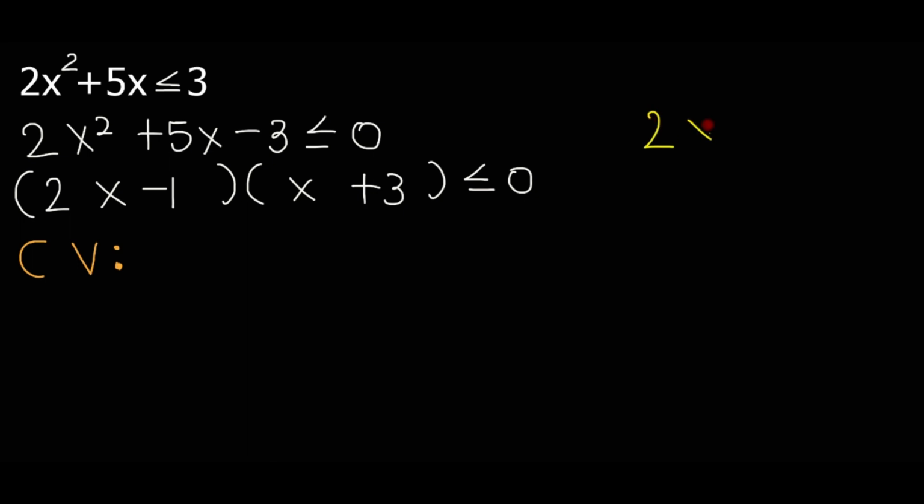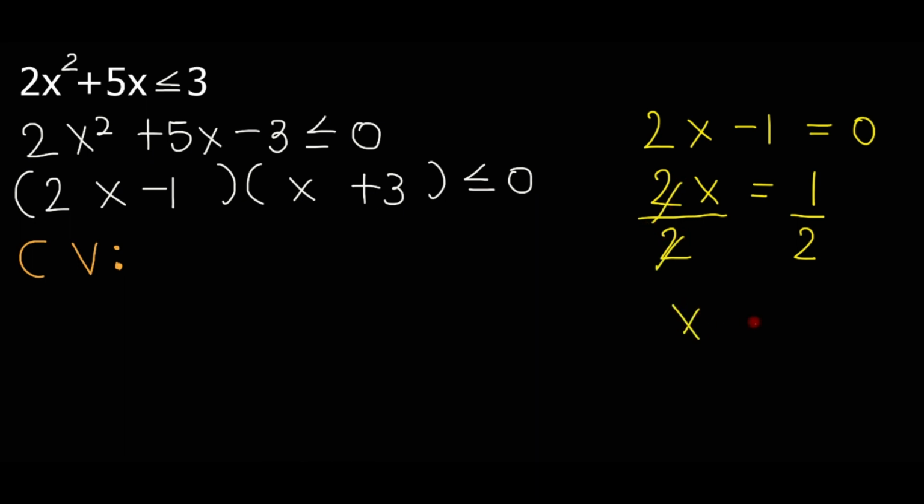Arnally 2x minus 1 and then I equate to 0. So from there get 2x and then got transpose a negative 1 to the other side. And then from there I divide both sides got 2. So it means x is equals to half.